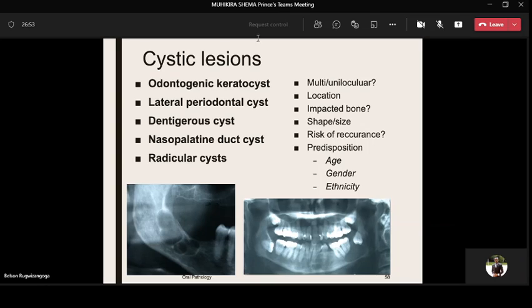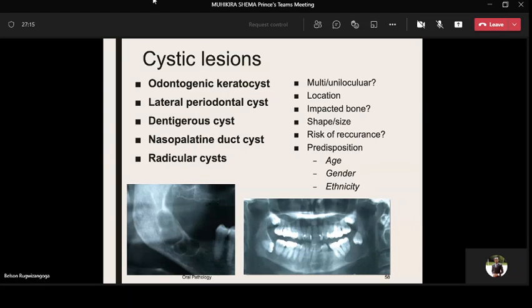So what information do you have to know or to provide to pathologists or to any other healthcare professional you are discussing with? The first question they will ask you is, is that cyst multilocular or unilocular? Multilocular meaning there are many pockets, or it is only one pocket, in that case you say unilocular.